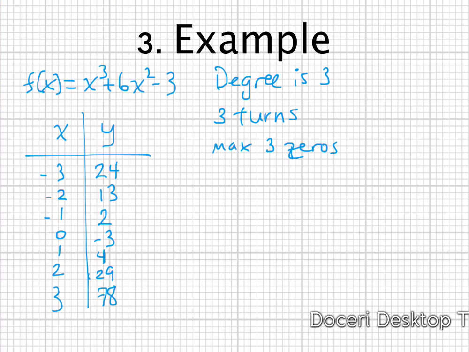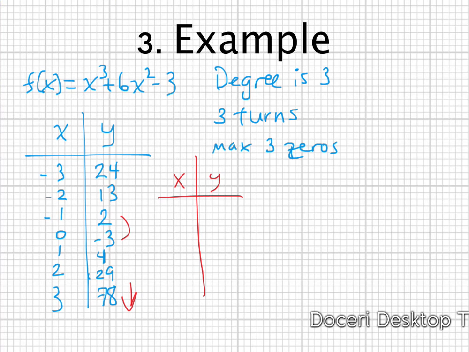I already know from here to here, from 2 to -3, there's a 0 there. So I should probably go further down. It looks like as I go further up in the x, I'm going to go up in the y. So we should probably find out what's going to happen if x is smaller.